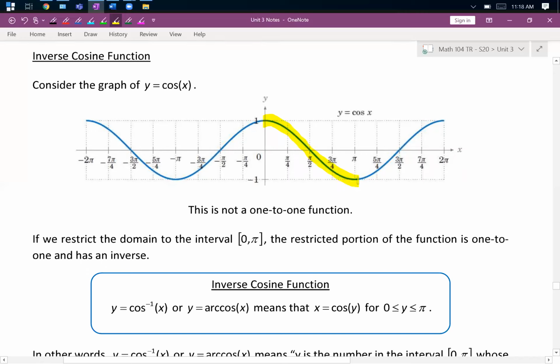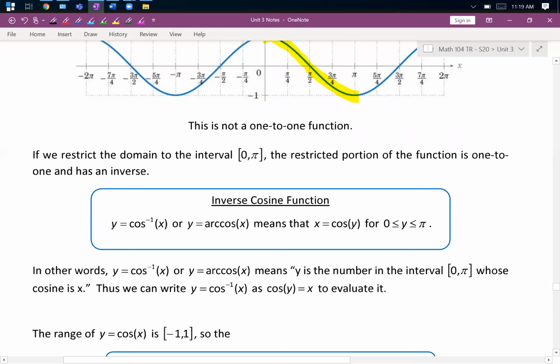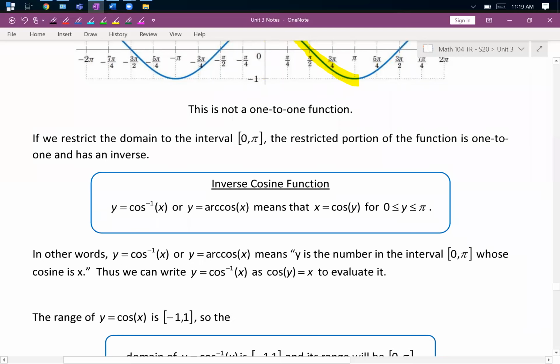We restrict our domain, and we have a one-to-one function. Y equals cosine inverse of x, or y equals arc cosine of x, means that x equals cosine of y for y between 0 and pi. So in other words, y is the number, the angle measure, between 0 and pi, whose cosine value is equal to x.